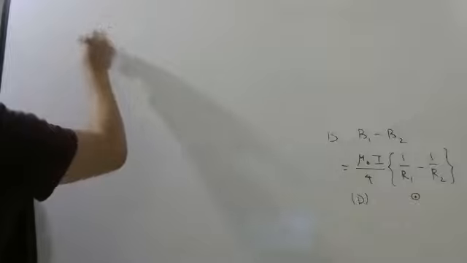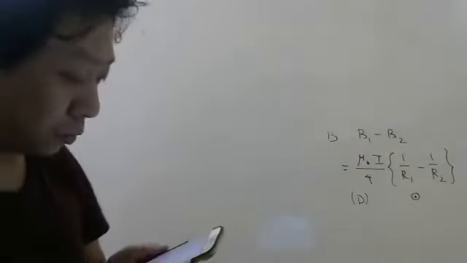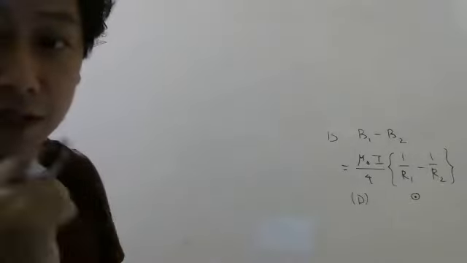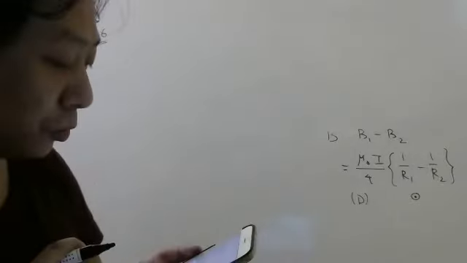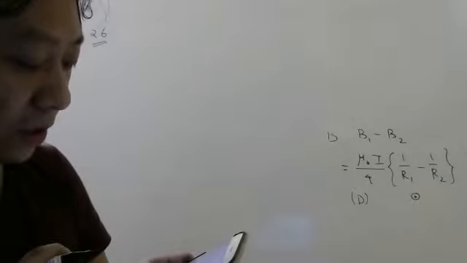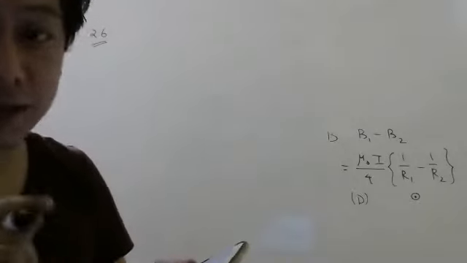Question number 26. Two concentric means centers will coincide. Two concentric coils, each of radius equal to 2 pi centimeter. Okay, radius is 2 pi.